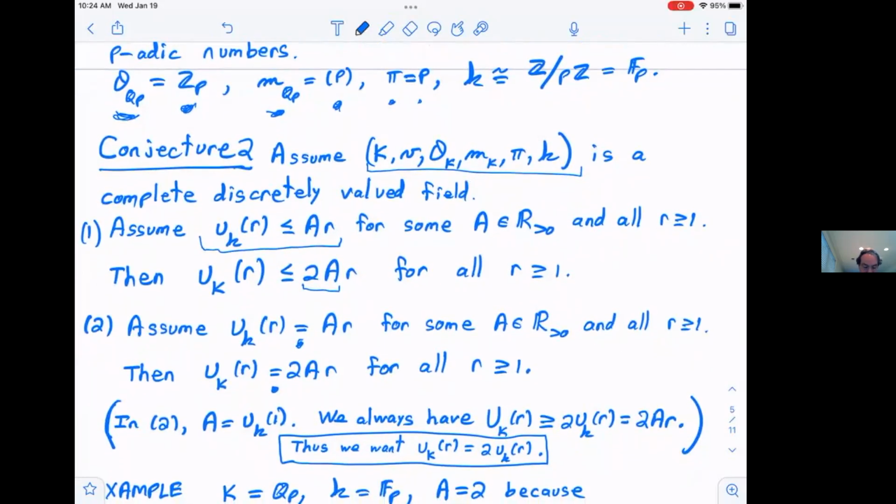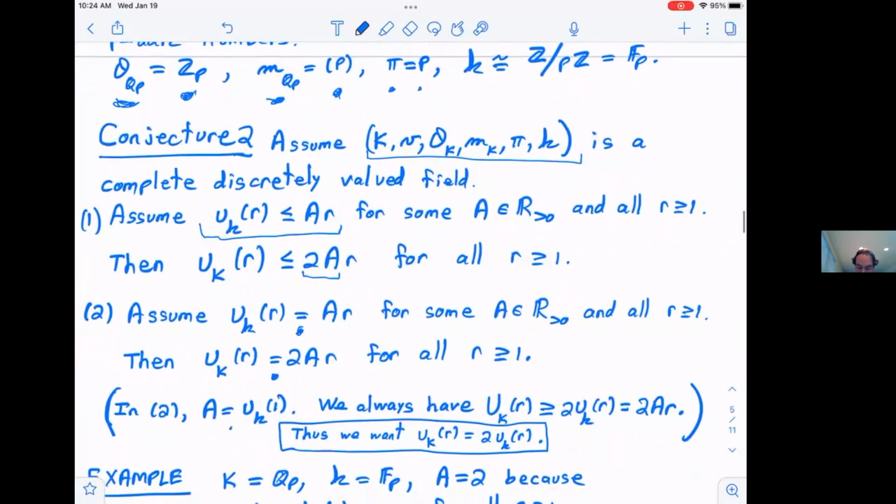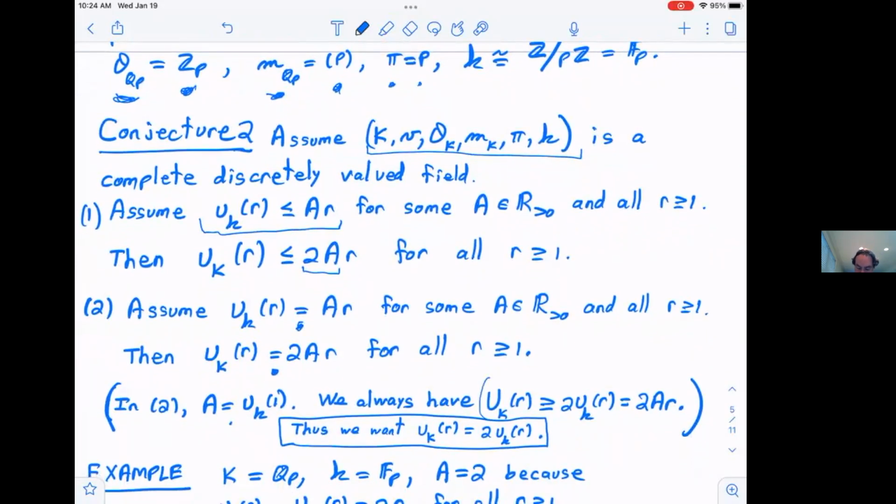In the second statement of conjecture 2, capital A necessarily has to be the u invariant. And we always have that this quantity right here is greater than or equal to this quantity. It's the other inequality which is hard, but we want to prove equality. So this is true for trivial reasons, but I'm not going into the reasons why.